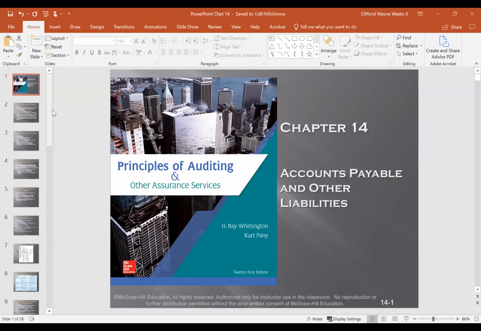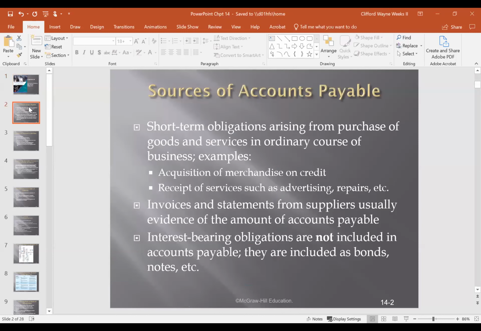And so, chapter 14, accounts payable and other liabilities. When it comes to whatever item you are auditing, it's always good to think about the big picture. Before, when we were talking about inventory, revenues and things like that, our fear with those items was that we might overstate them.